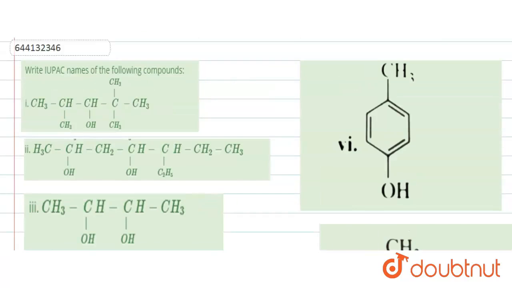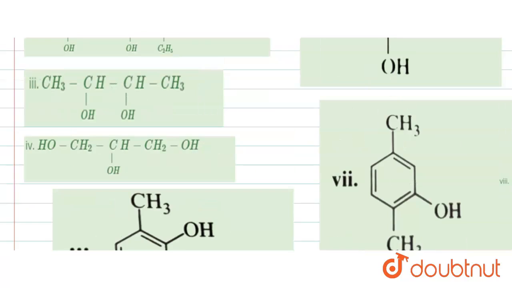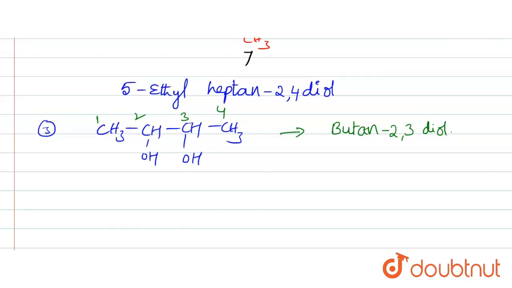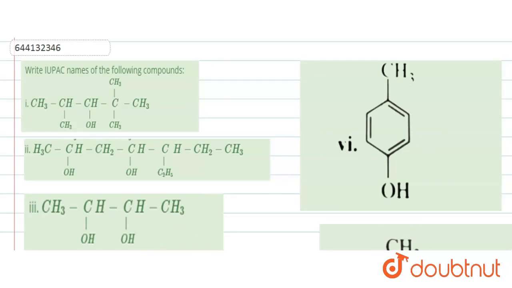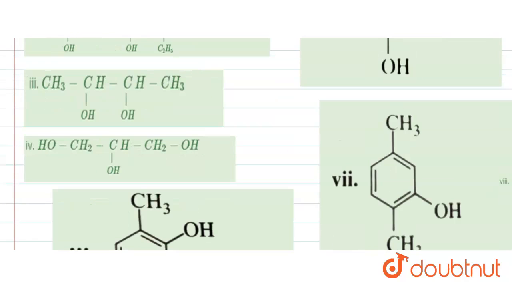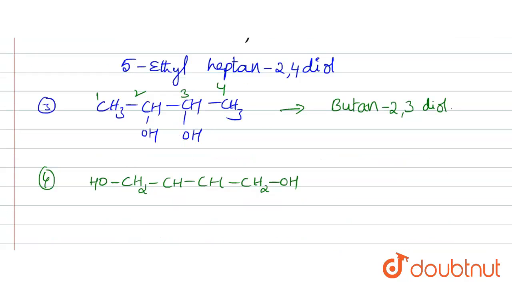And next we have the fourth compound, that is triol. It is a triol. We have OH group here. And the terminal carbon also have the OH groups. 3 carbons. We have only 3 carbons here.